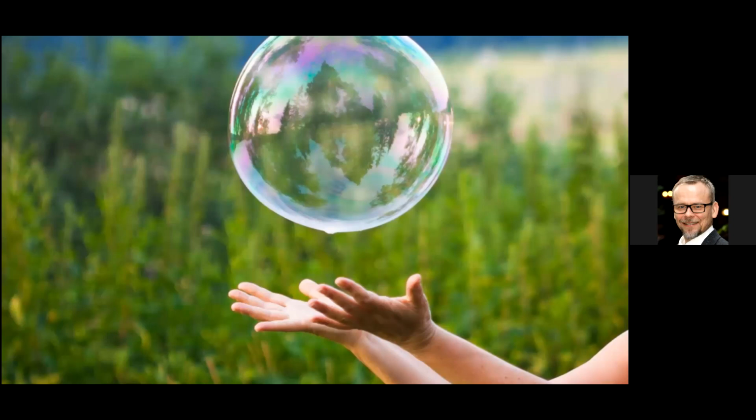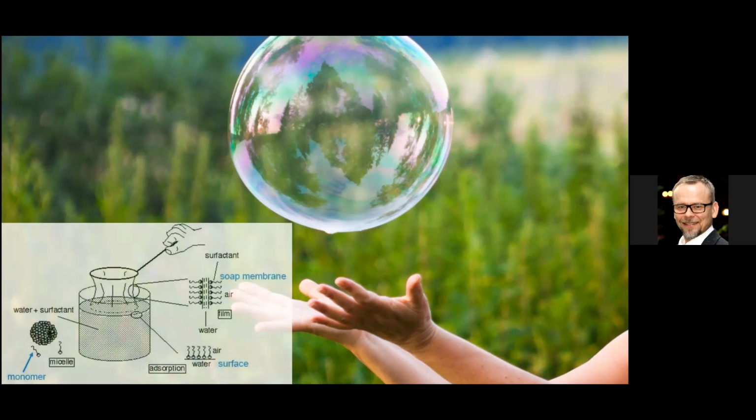And one example of this is also a soap bubble. You can look at a soap bubble and be fascinated by it in many ways. But if you take a closer look, you can see that the soap bubble is composed of a lamella, a membrane, where you have water.